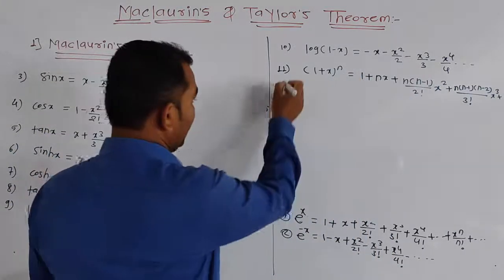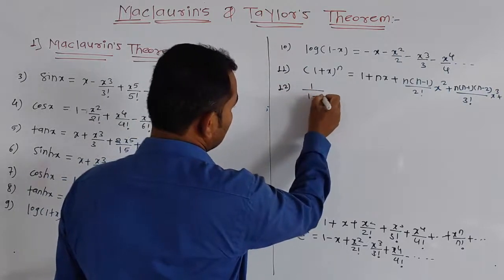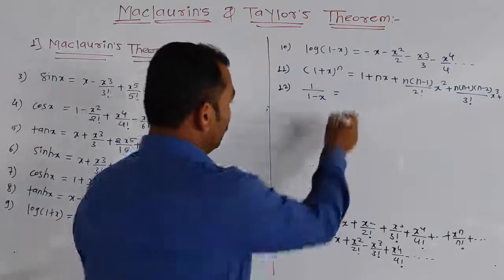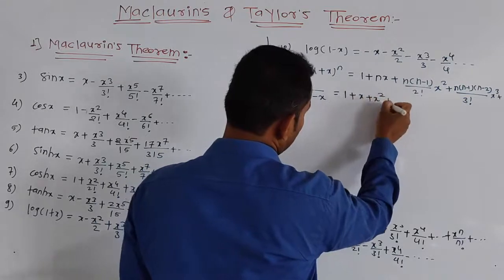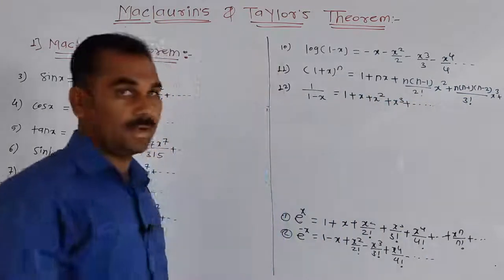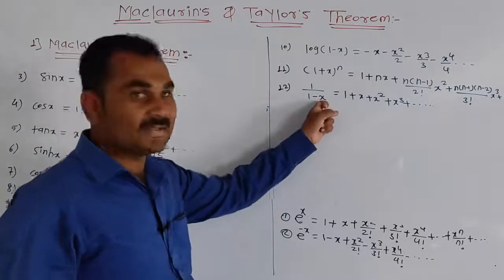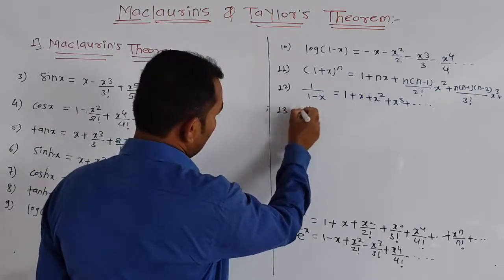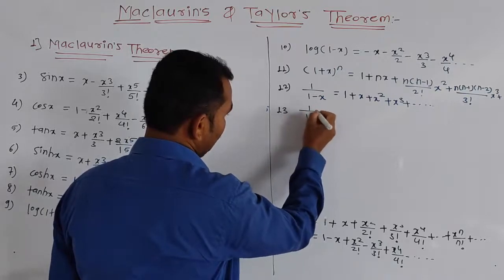Then next, after that, 1 upon 1 minus x. Expansion of this series 1 upon 1 minus x is 1 plus x plus x square plus x cube plus dot dot dot. This is the expansion of 1 upon 1 minus x. And suppose we have to replace this x as x square, then we get 1 upon 1 minus x square.